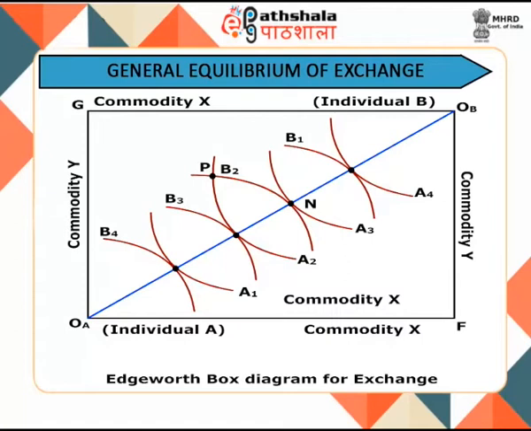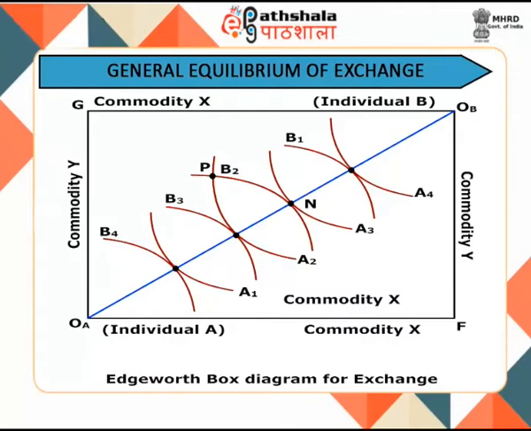For individual B, the top right-hand corner has been taken as the origin, and with the given quantities of X and Y, the quantity of X available for consumption for individual B is measured right to left from the point of origin OB, and the quantity of Y available for B is measured top to bottom from the point of origin OB.